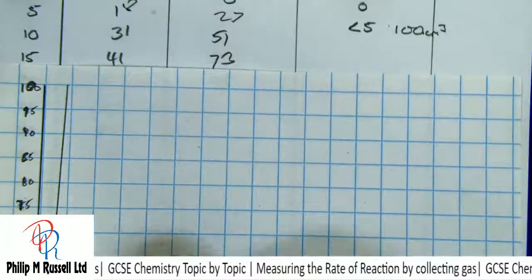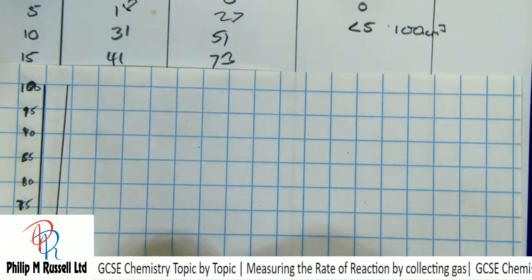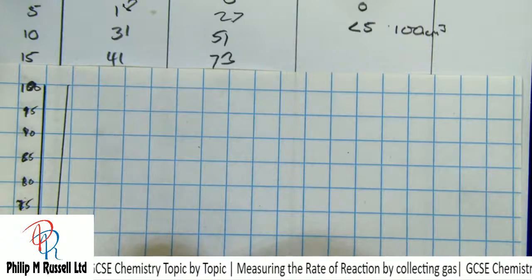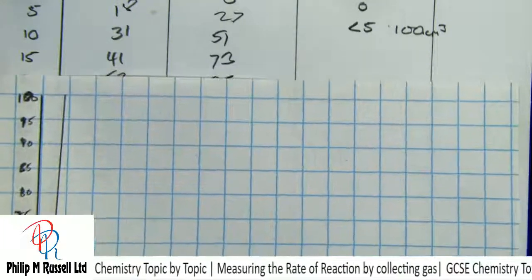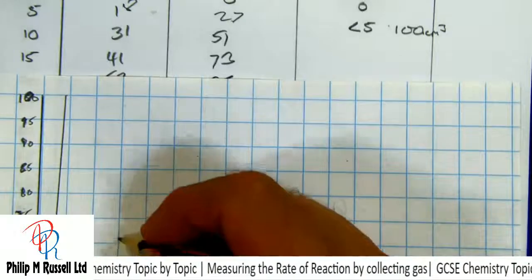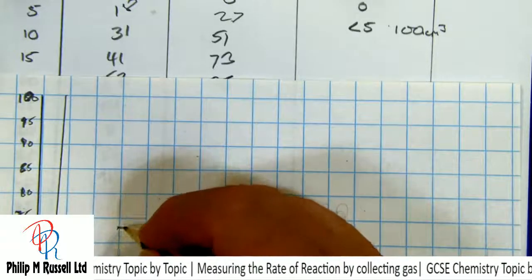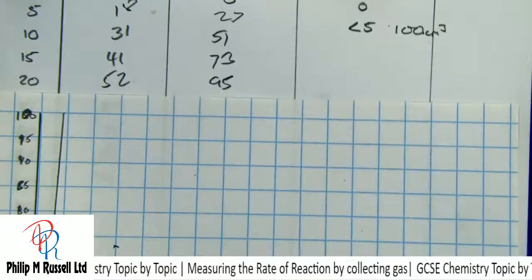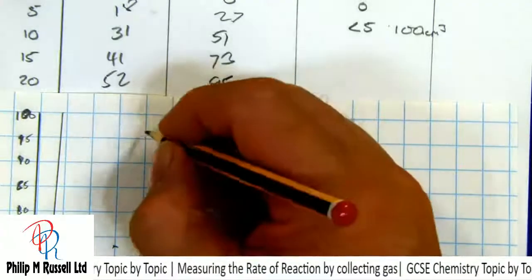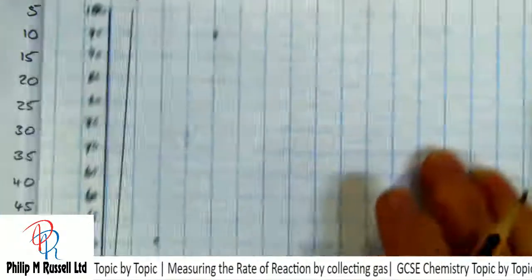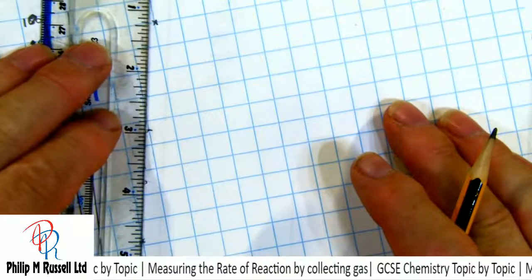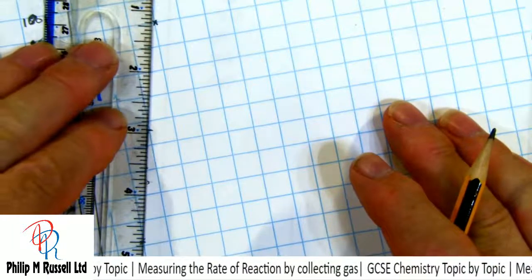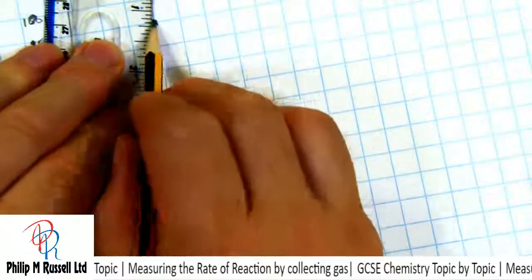In 10 seconds we hit 51. In 15 seconds we hit 73, and in 20 seconds we hit 95. And we can see that is actually quite a remarkably straight line.